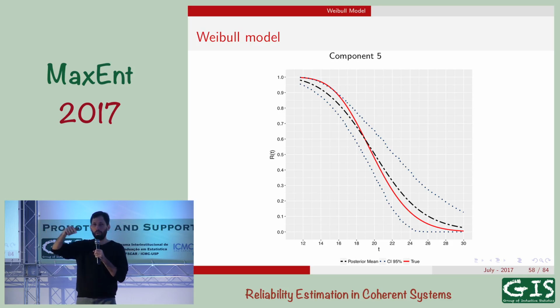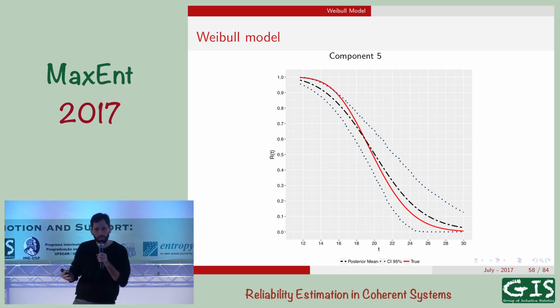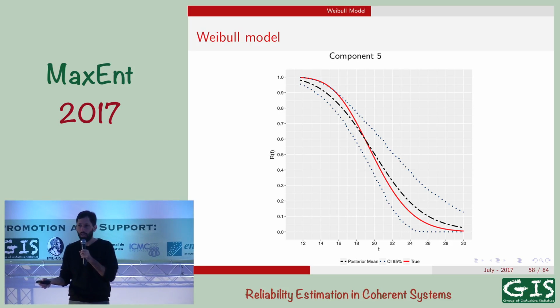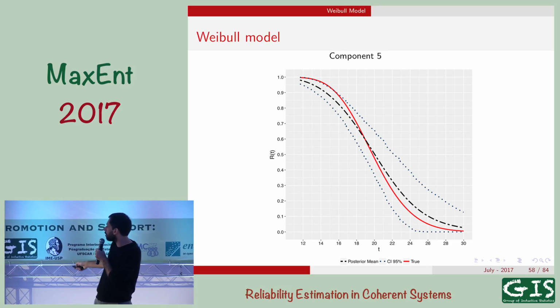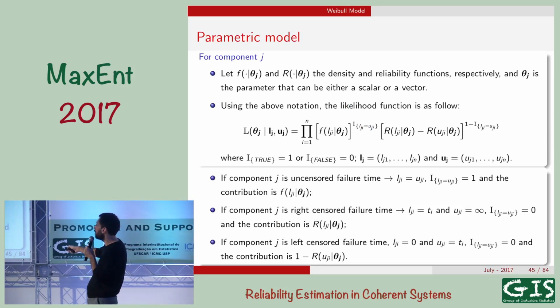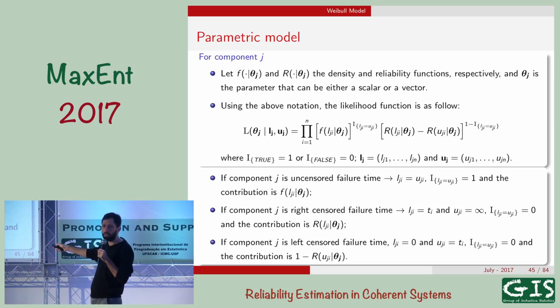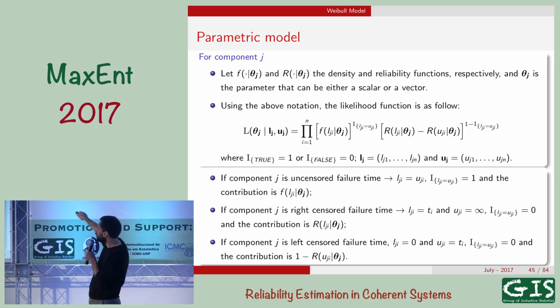I have censor time for components inside the system, but for the whole system, I am always observing the failure time of the system. So the same model that I am using for all these components, here for the system, I have this same likelihood function, except that this part will not be here, because all times are observed.